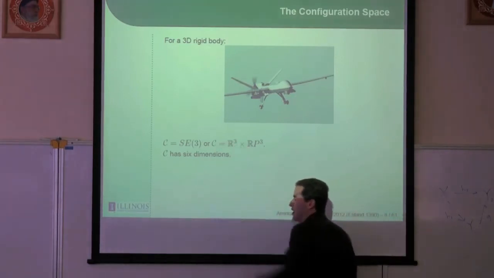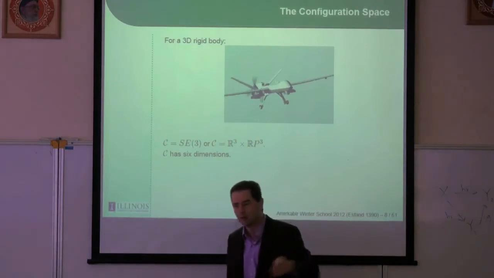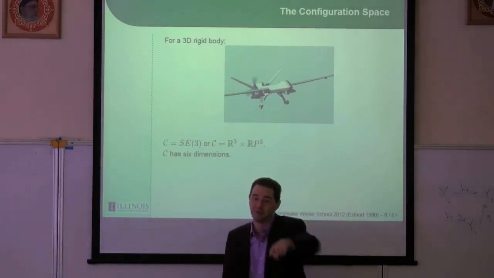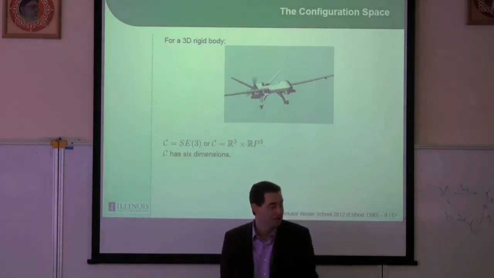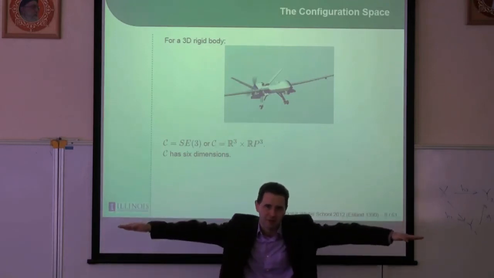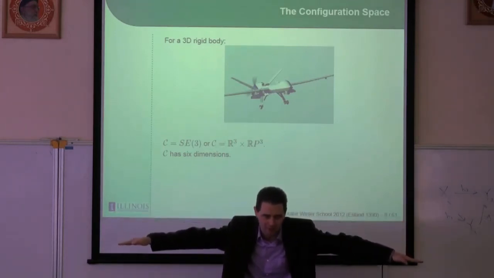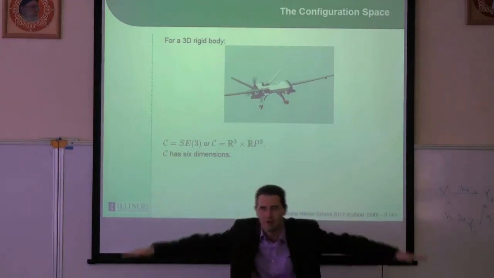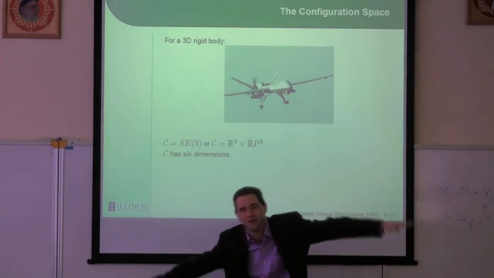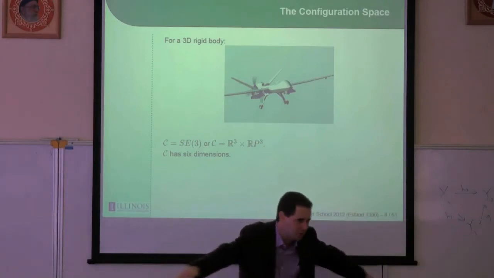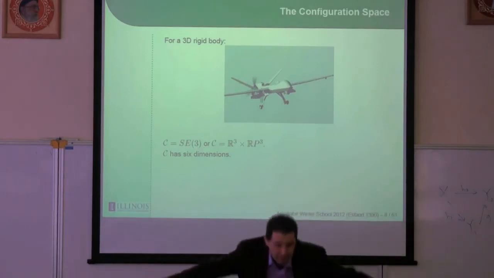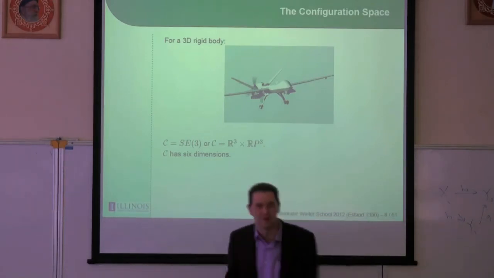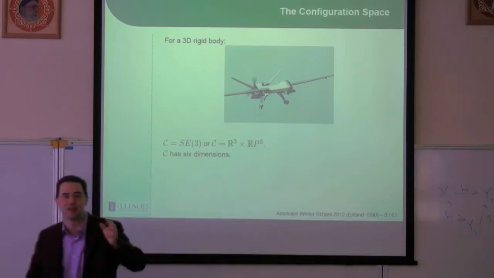But basically you have 3 dimensions: X, Y, and Z, so 3 translations. And if you have a UAV, you can turn like this. That's roll. And you can have yaw, which is like this. And then you have pitch, which is like raising up or down. So you have 3 degrees of freedom for rotation, so that gives you 6.